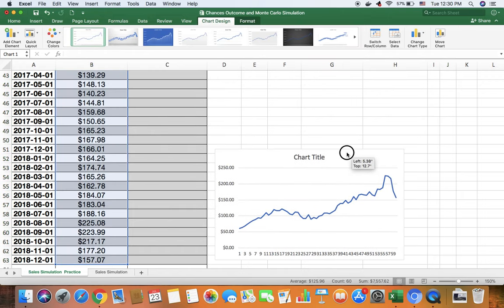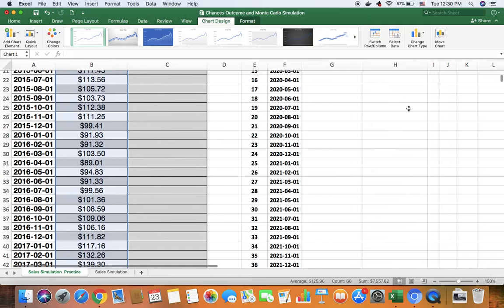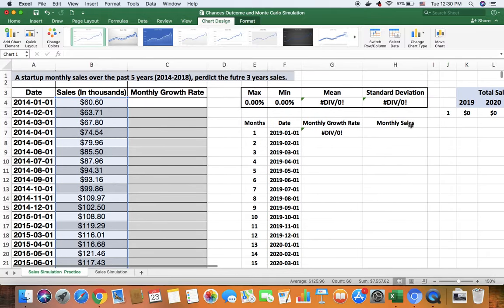Look at this line chart. We can tell that the trend of the sales is growing but has some fluctuation. It is pretty hard to figure out a model to predict the future sales. So let's switch to simulation math.